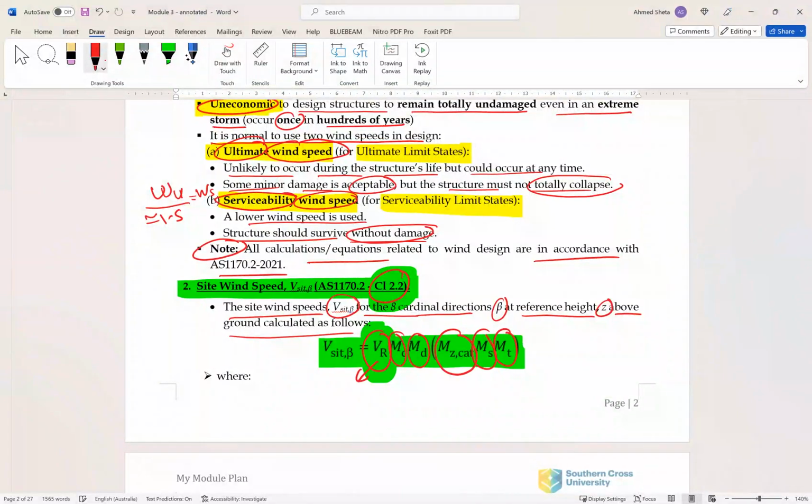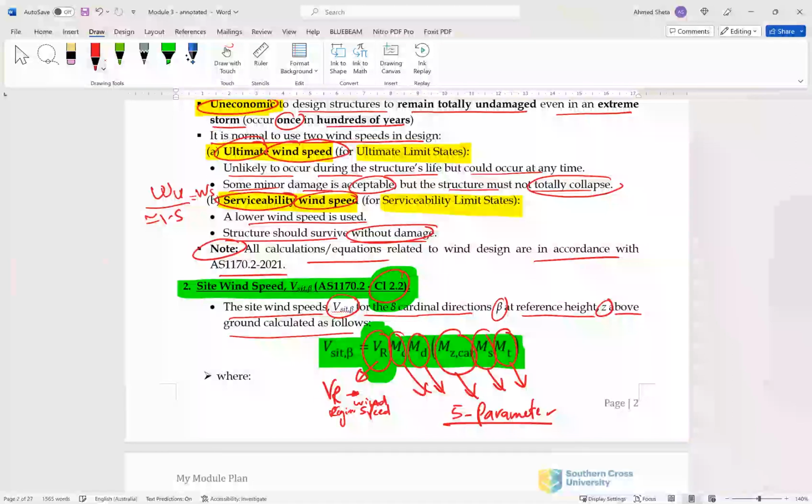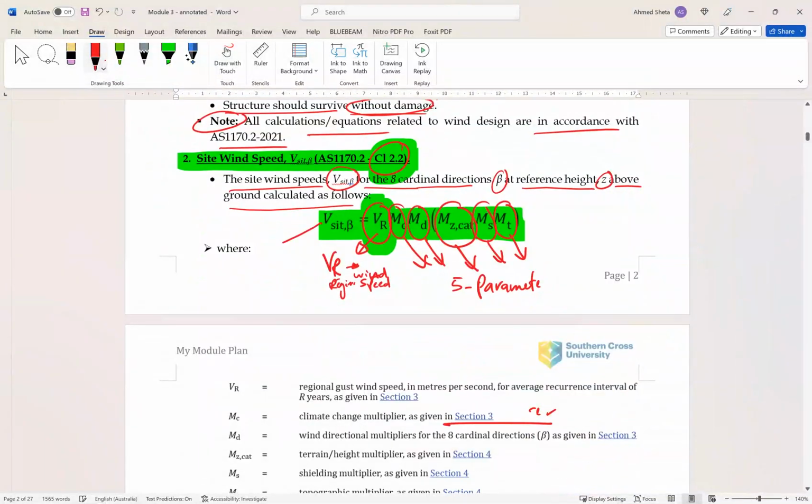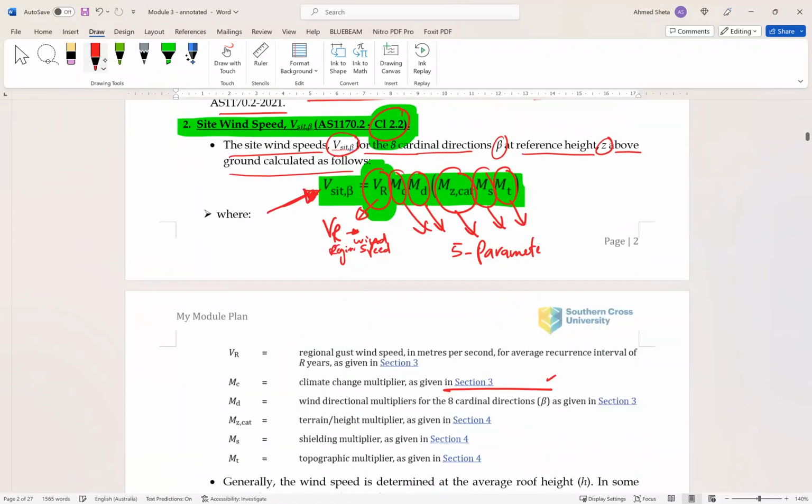So we have VR, which is the regional wind speed, and all these are parameters. So we have 5 parameters and the regional wind speed to find V site beta.